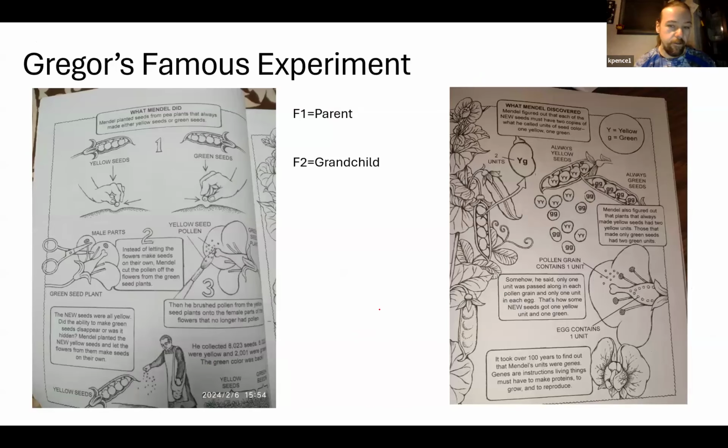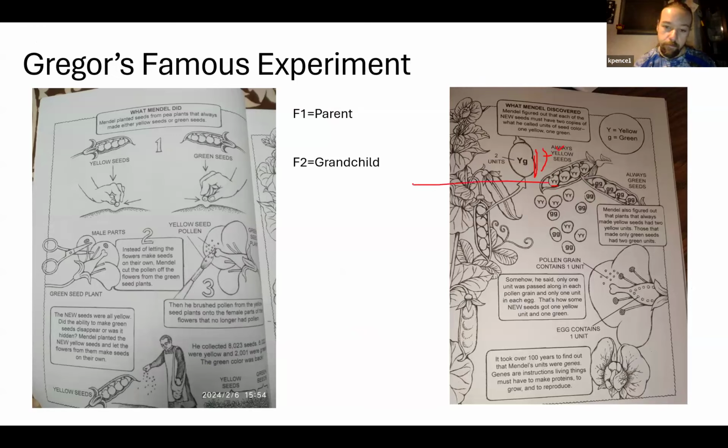So let me go back to here for a second. You can see this parent was YY. So that means if you were to draw chromosomes out, it would be YY. Actually, no, let me do it over here.